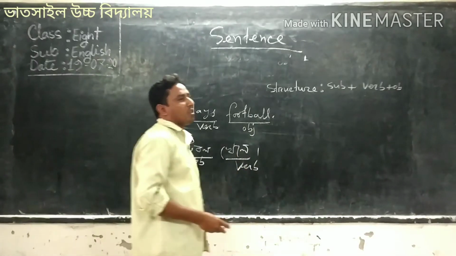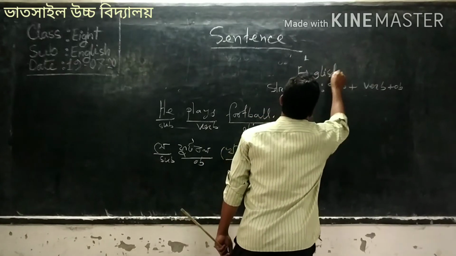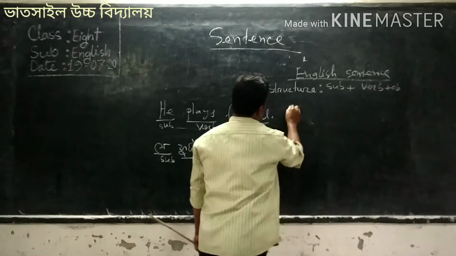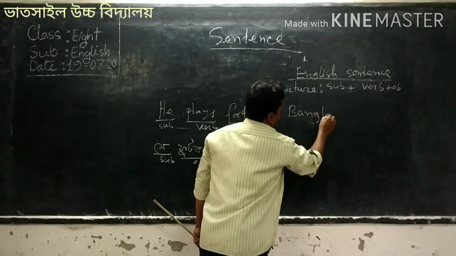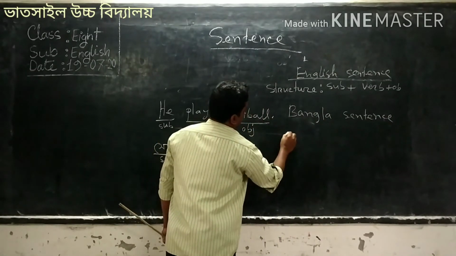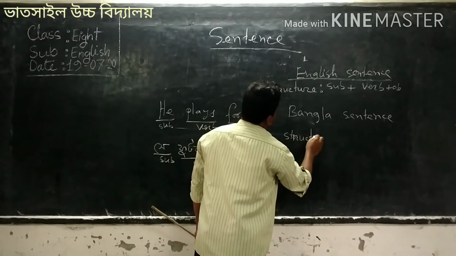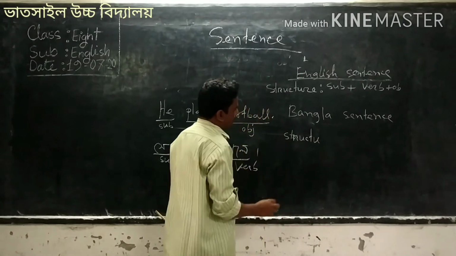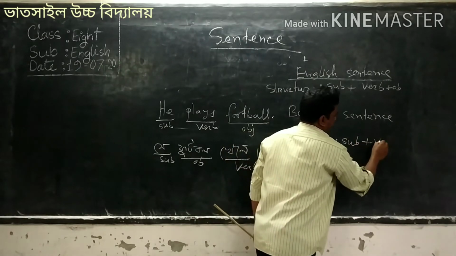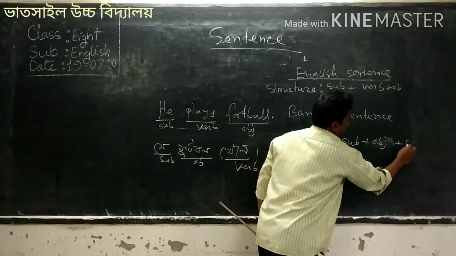So the structure of Bangla sentence and English sentence: subject plus verb plus object, subject plus object plus verb.